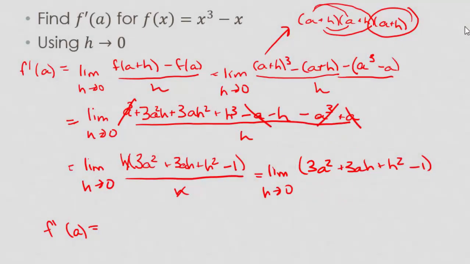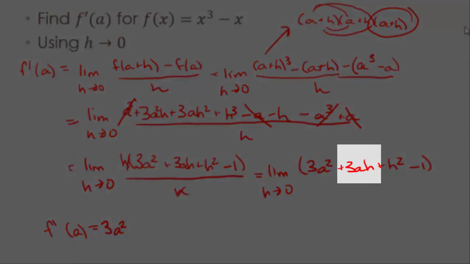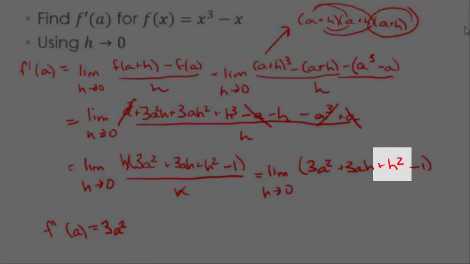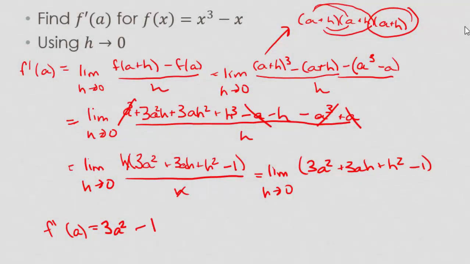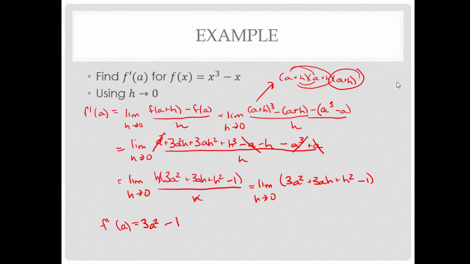So we get 3a squared. This term has a 0, so that whole term becomes 0. This will be 0 squared, that becomes 0, and then minus 1. So the derivative of the function x cubed minus x at the number a will be 3a squared minus 1. That's the derivative.